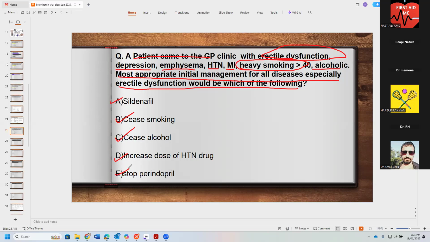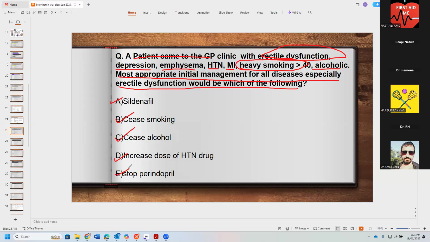And smoking again is a big risk factor for atherosclerotic diseases that lead to thromboembolism like myocardial infarction and strokes. Increased dose of hypertensive drug can help, but it will not help in the management of erectile dysfunction. It can cause erectile dysfunction, but it's less likely to be the cause; it's most likely caused by heavy smoking.